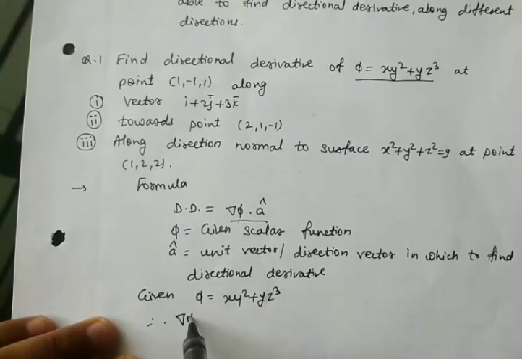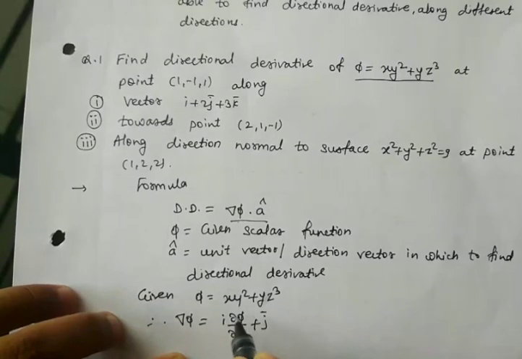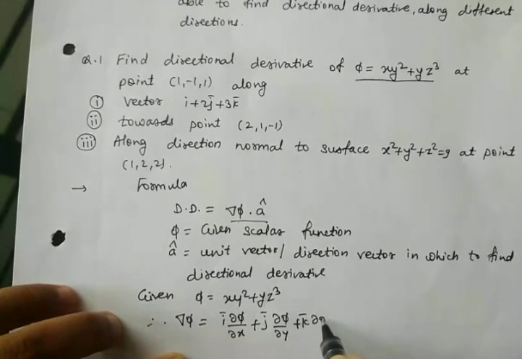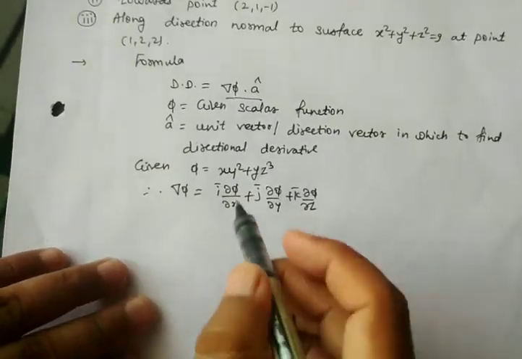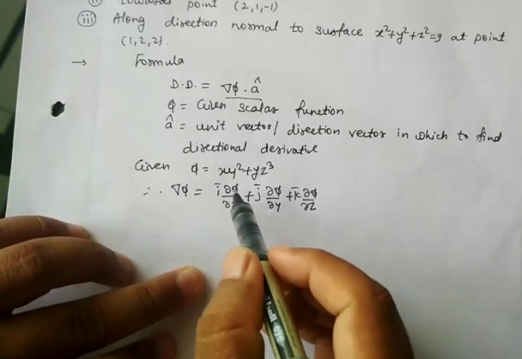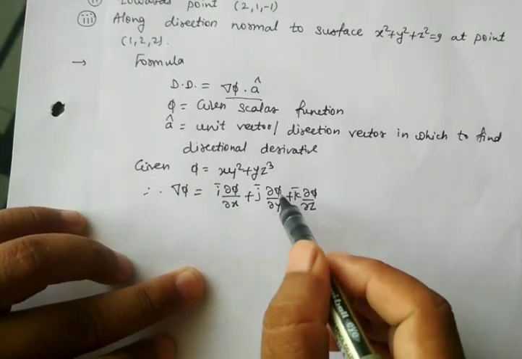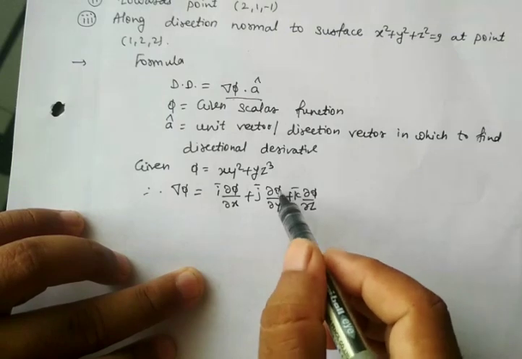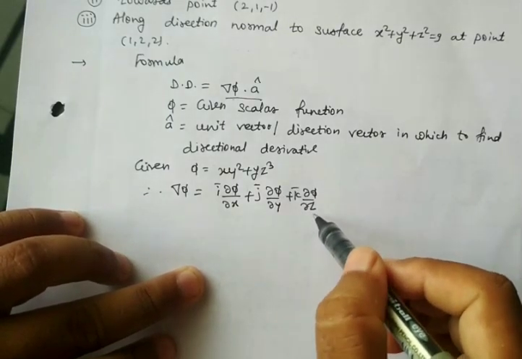Therefore, the formula for del phi is i bar into partial phi by partial x plus j bar into partial phi by partial y plus k bar into partial phi by partial z. We have to put the values of partial phi by partial x, partial phi by partial y, and partial phi by partial z here. Partial phi by partial x means partial derivative of phi with respect to x. Partial phi by partial y means partial derivative of phi with respect to y. And partial phi by partial z means partial derivative of phi with respect to z.